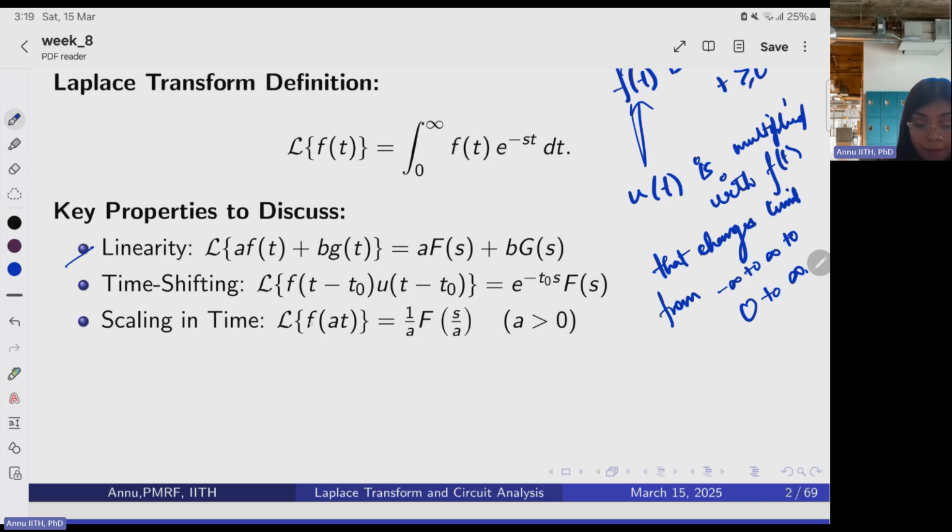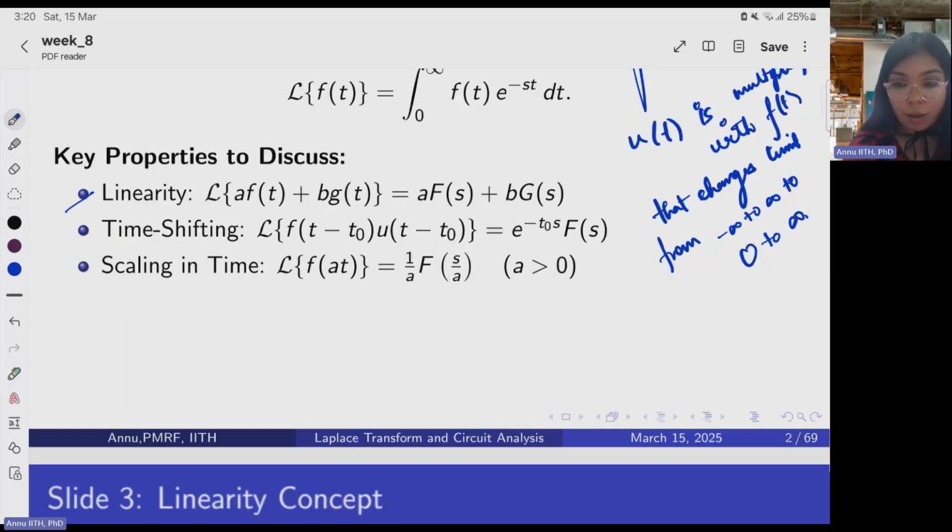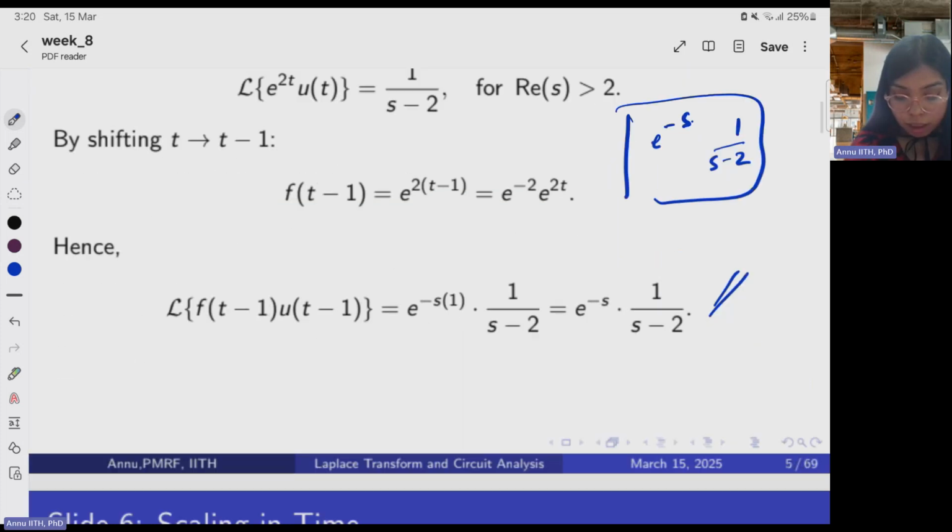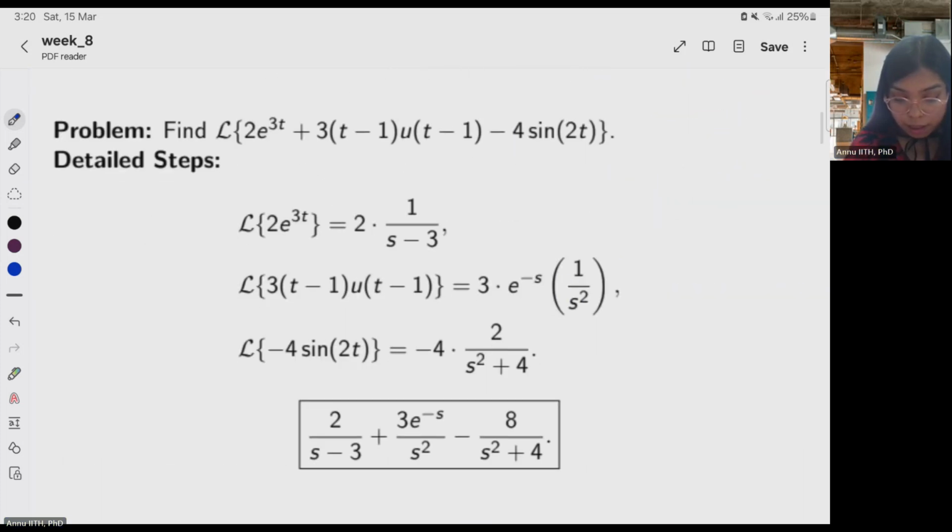Wherever this Laplace transform of f(t) is there, but you don't know the Laplace transform of f of at, then in that case this formula will be applied. But if you already know the Laplace transform of sine at, then no need to apply this f of at again. It will be a wrong case here. So sorry for my doubt. So it's correct here. It's minus 4 times 2 divided by s square plus 2 square.